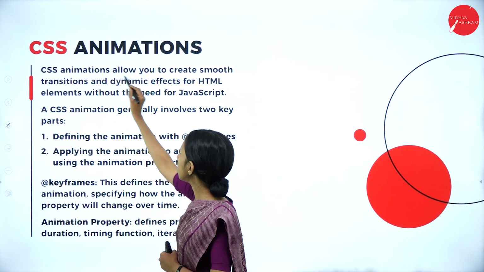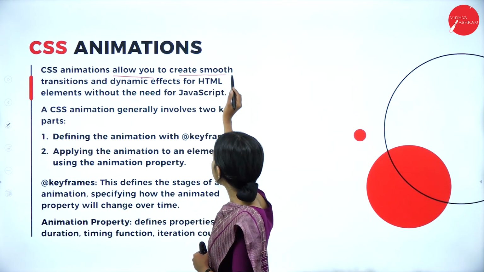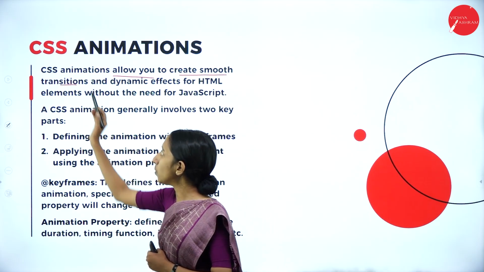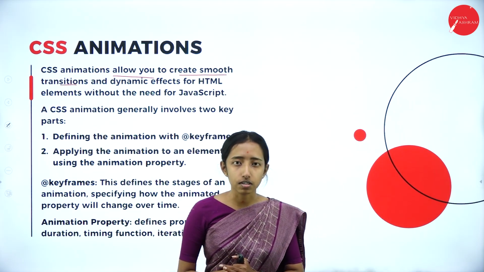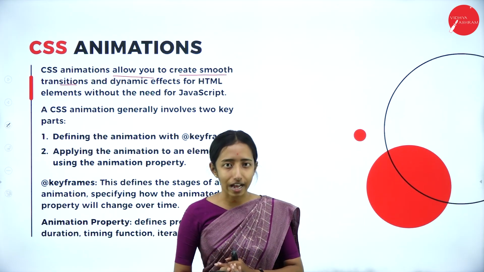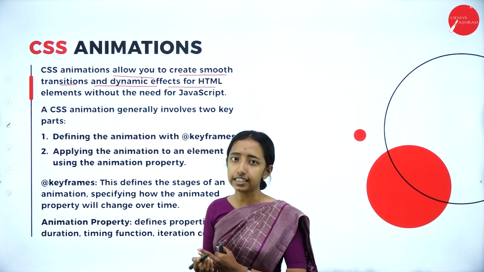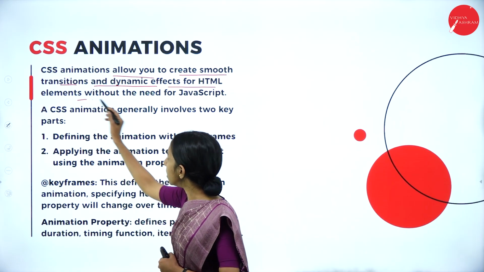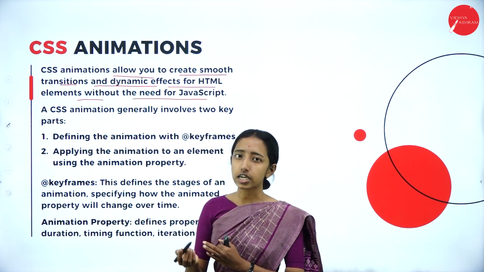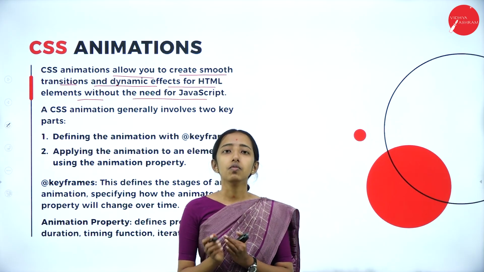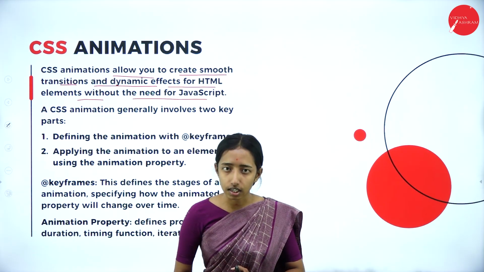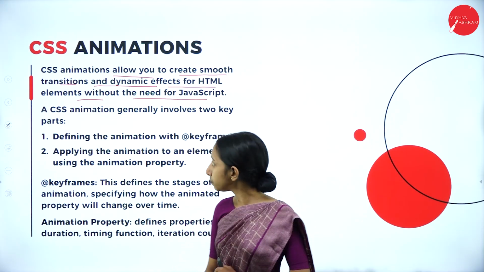CSS animation allows you to create a smooth transition and a dynamic effect for HTML elements without the need for JavaScript. So here we will not be using JavaScript to create the animation.